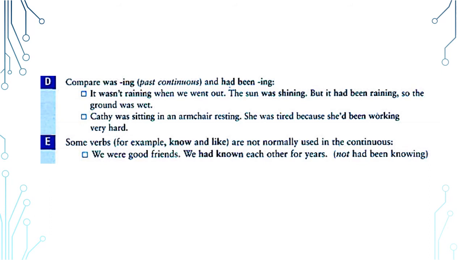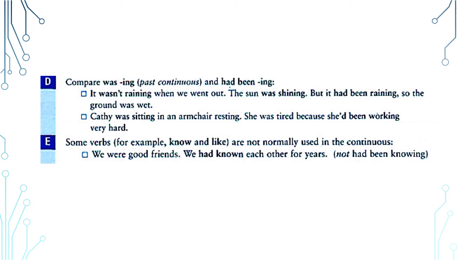Kathy was sitting in the armchair resting. She was tired because she had been working very hard. So you have to compare between the past continuous and the past perfect continuous.